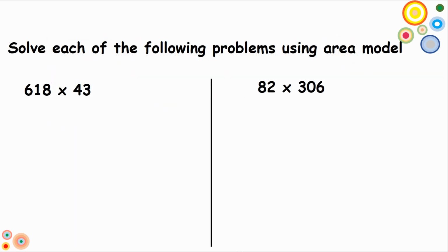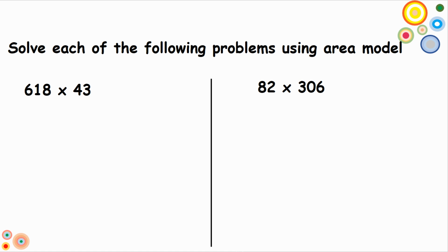Try to solve these questions by yourself and check your answer with me. Solve each of the following problems using an area model. The first question, 618 times 43. Okay, decompose or split each number into 600, 10 and 8 times 43.